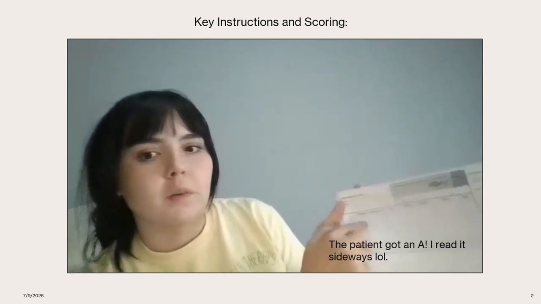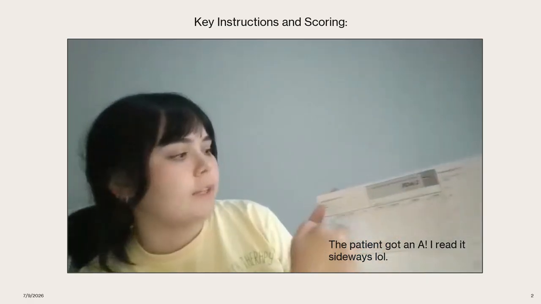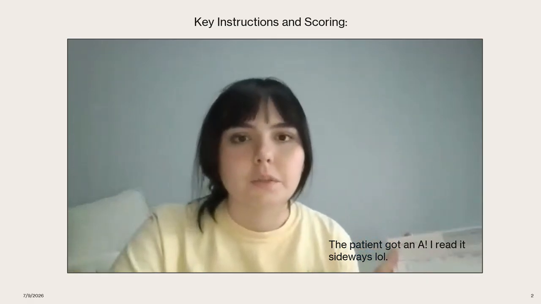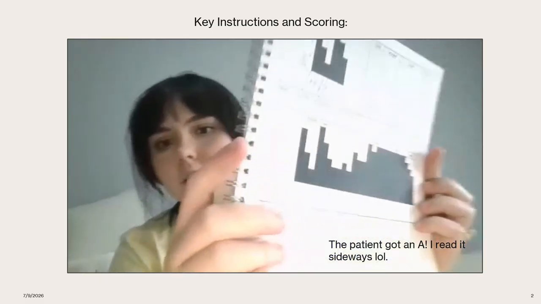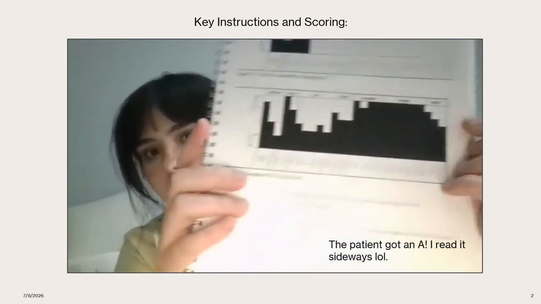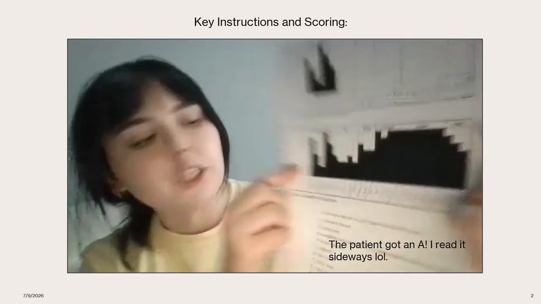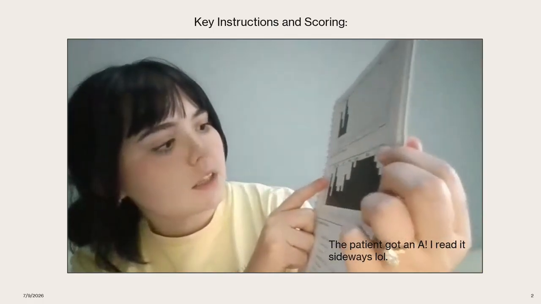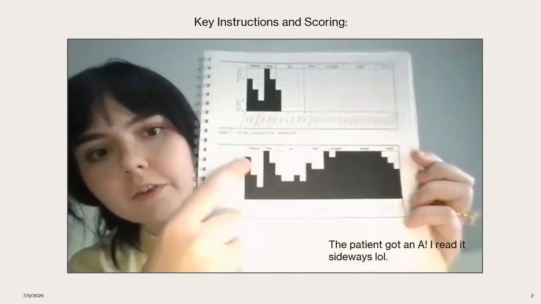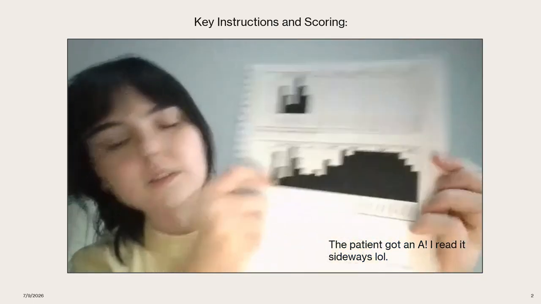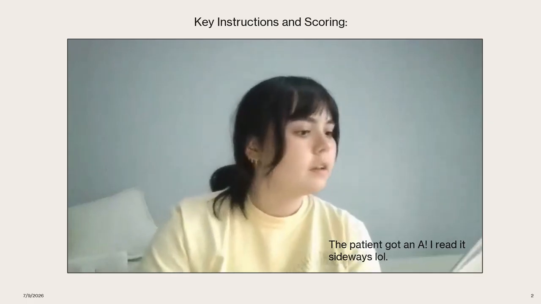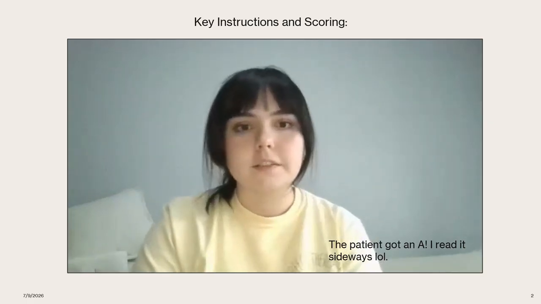And then it's almost like a bar graph, the way that it all tends to fall out. I'll show you a picture. So this is how it looks in the manual. That's a completed one right there. Since this patient got a B right here, they filled it all the way up to B, and that's their score on the cough reflexes.